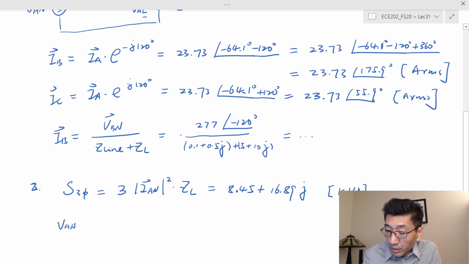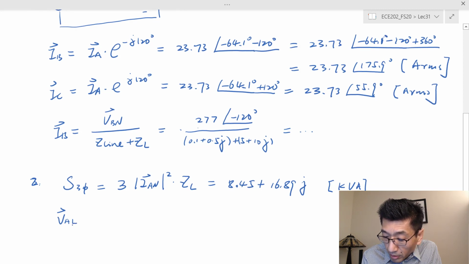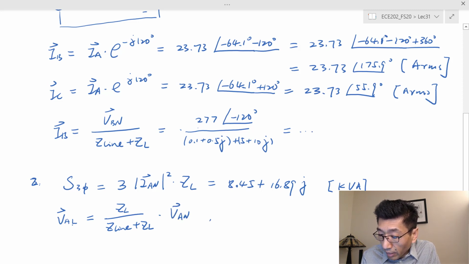Again, if you use the line current and you made a mistake, you're going to carry it over to your three-phase calculation, right? So alternatively, you can calculate V sub L using voltage division. V sub AL is going to be equal to Z sub L divided by Z line plus Z sub L, times V sub AN.